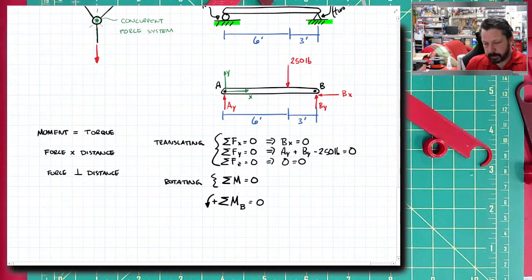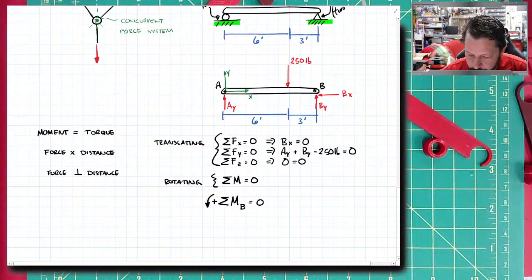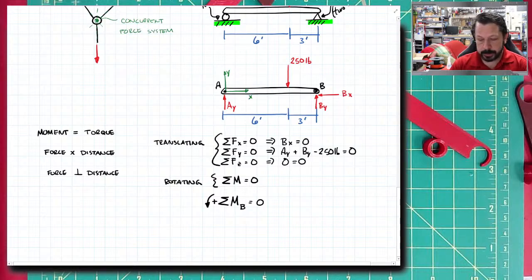In our little setup here, I'm taking point B as my point that I know there's no moments about, and I'm going to take every force on the free body diagram, AY, BY, BX, and the 250 pounds, and calculate what moment they created about B by multiplying that force times their distance from B.